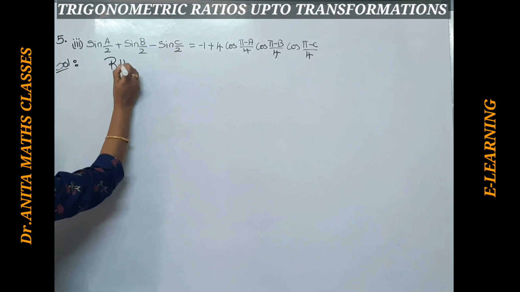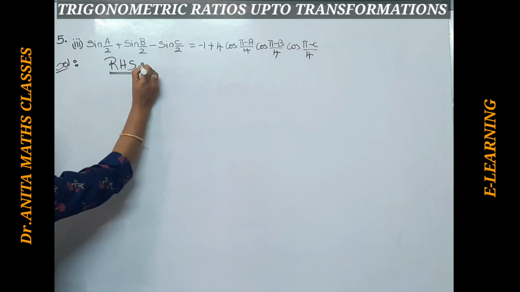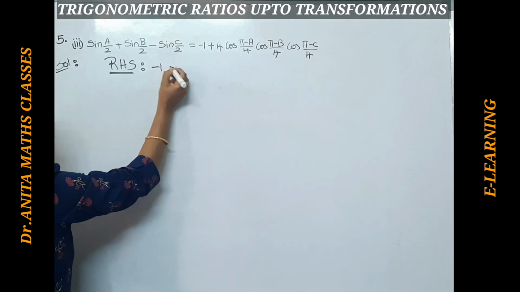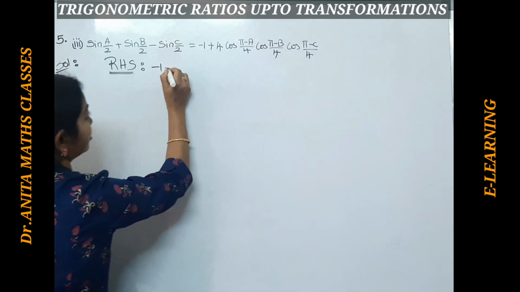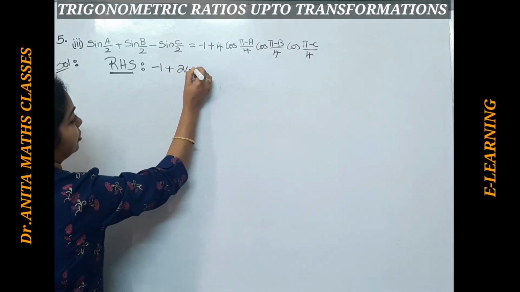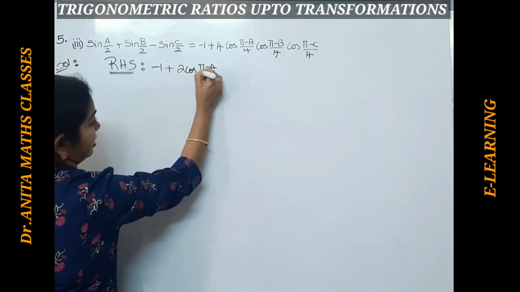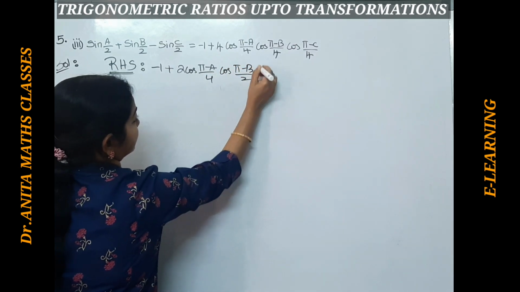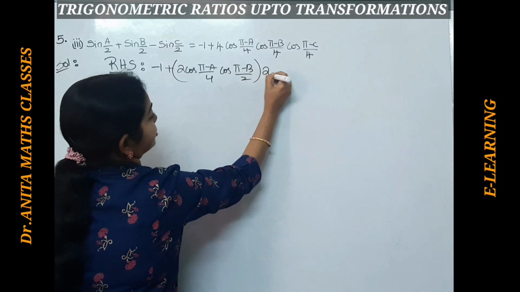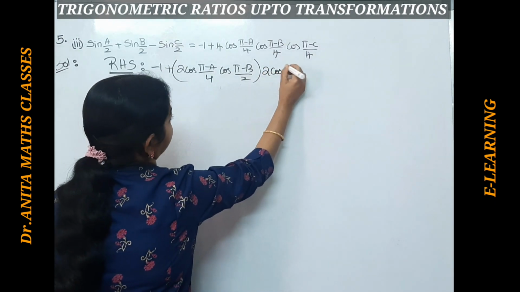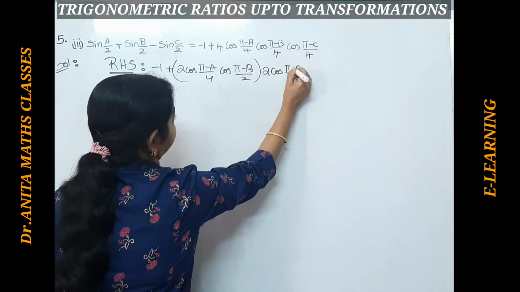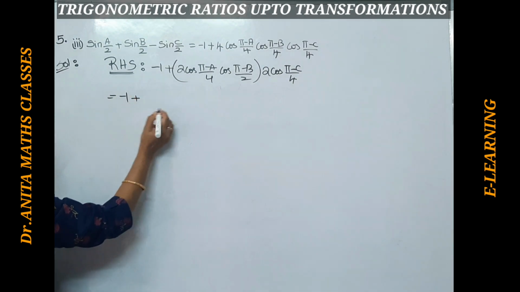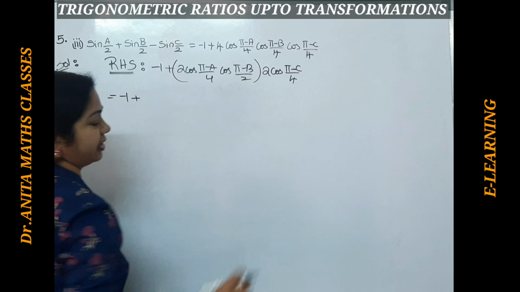First, as we have started with RHS, in a similar way we are starting with the RHS part here. Minus 1, the same way, we'll split this into 4, again 2 cos of pi minus a by 4, cos of pi minus b by 4, right, 2 cos of pi minus c by 4. Now here we have minus 1 plus 2 cos, and cos and cos we have, isn't it?